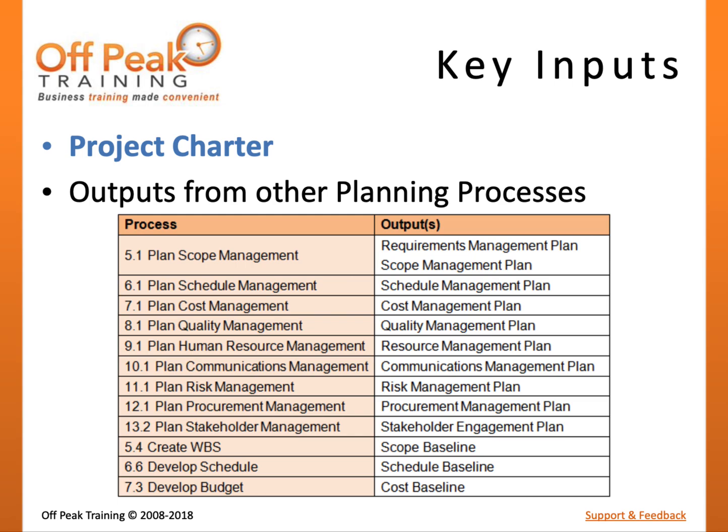Since the risk management plan needs to be well integrated with the rest of project planning, it is an input to the Develop Project Management Plan process. There are 12 subsidiary management plans and 3 baselines that are generated from other processes and considered to be inputs to this process. You can think of this as consolidating multiple files into one master document. This can get confusing, so we will discuss these again in just a moment.